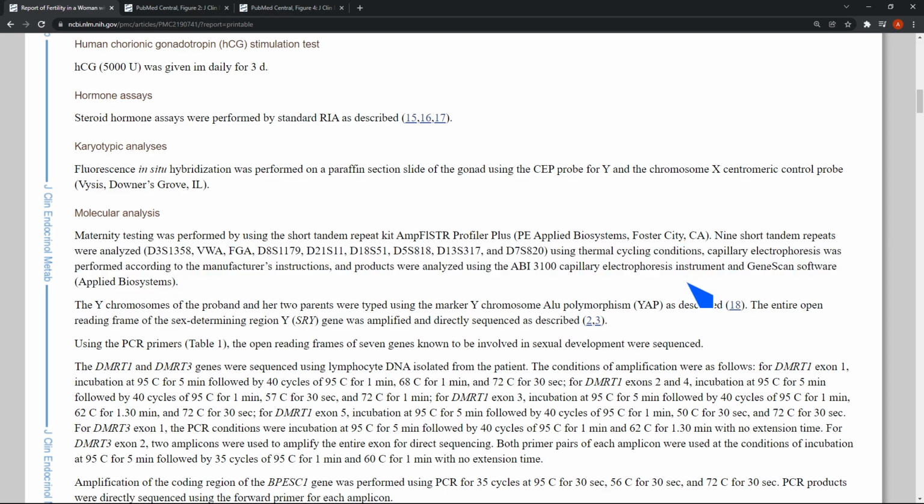This is what a short tandem repeat is in genetics. In your chromosomes there are these short tandem repeats, and that is a repeating sequence of DNA that is short.